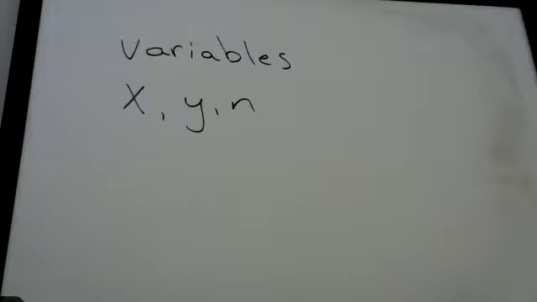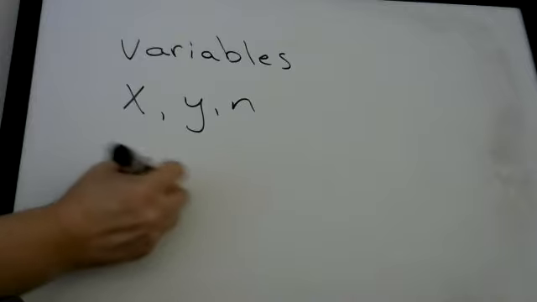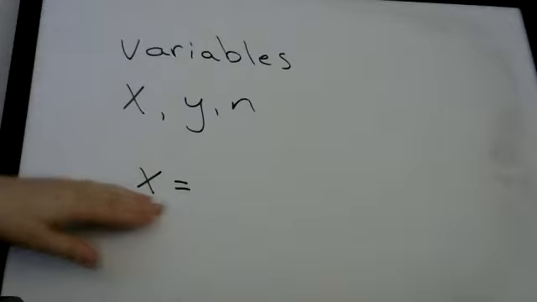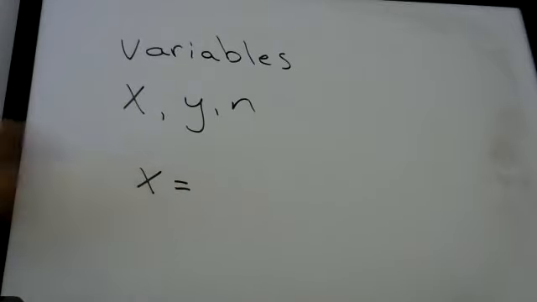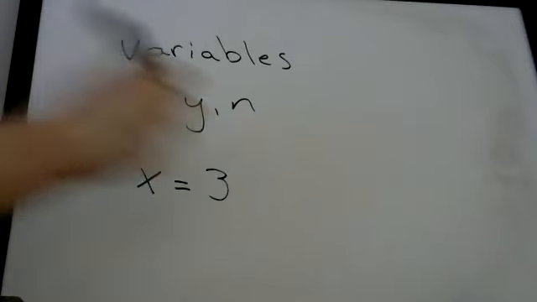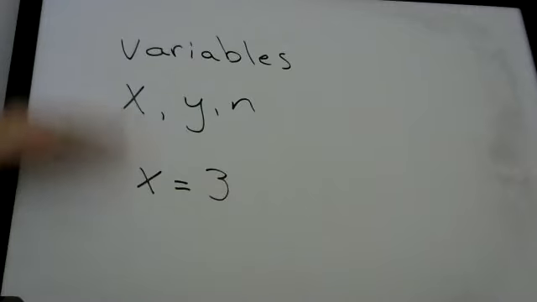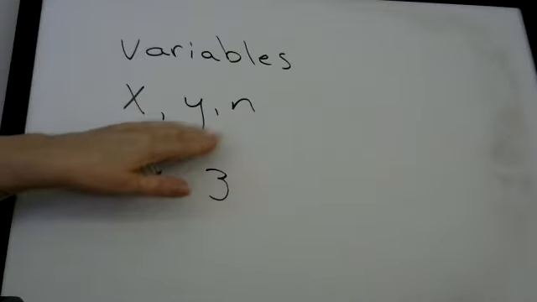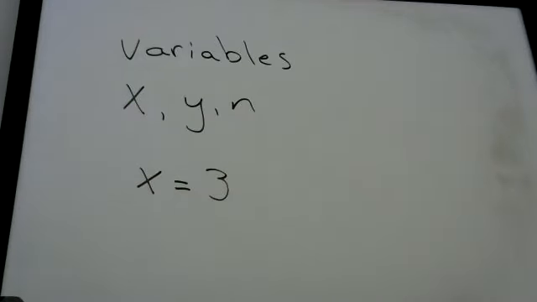At the end of what you're trying to do, you would have the variable X equals some sort of number, X equals 3 or something. So the whole point really of algebra is just to get to this stage where you solve for what the variable in the problem equals. But they are just representing numbers.